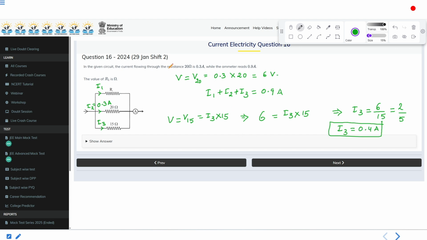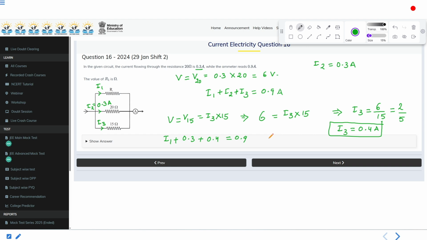So we know the value of I2, which is 0.3 ampere. We know the value of I3, 0.4 ampere, and we know the total current measured by the ammeter, that is I1 plus I2 plus I3. Now we can find I1 from here. I1 plus 0.3 plus 0.4 equals 0.9.